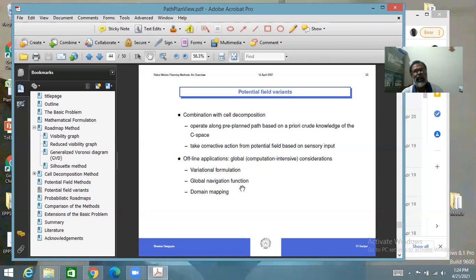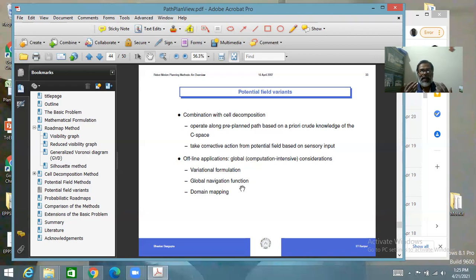Since there can be no Laplacian function which has a minimum or maximum at an interior point, the only minimum will be at the goal, and the maxima will be at the obstacle boundaries. In between, you will have contours of the function, one enclosing another, and from any point you will get a direct route.